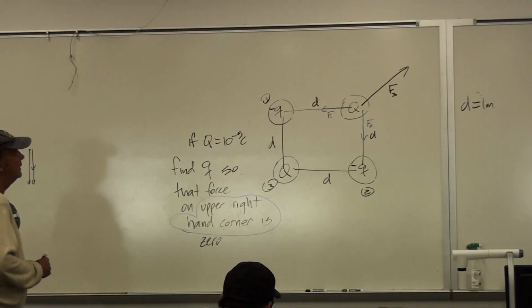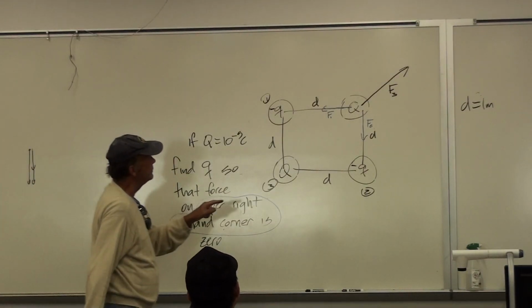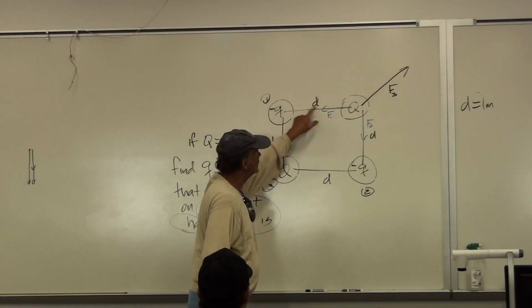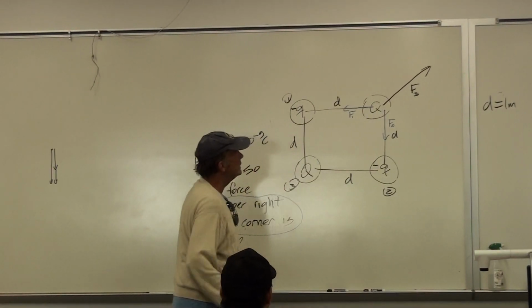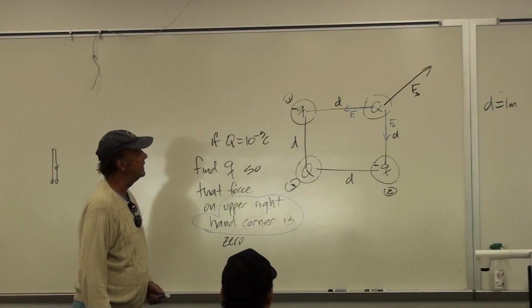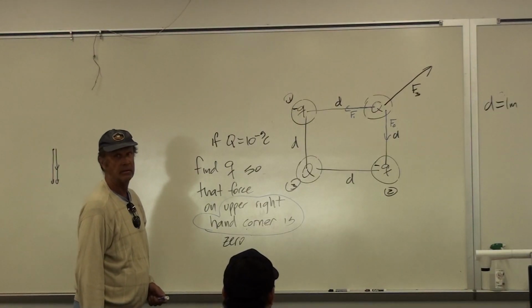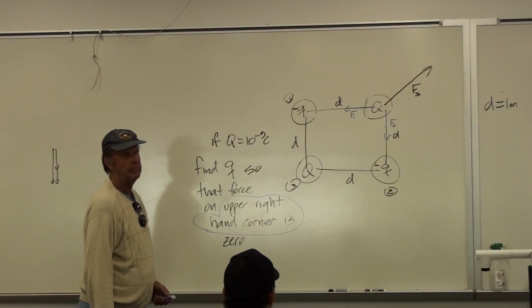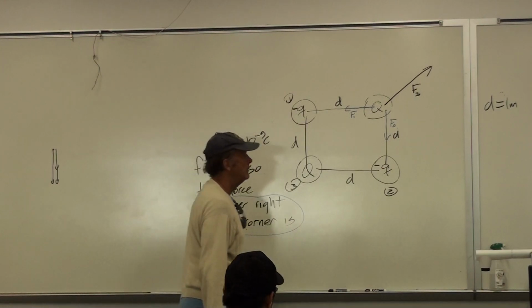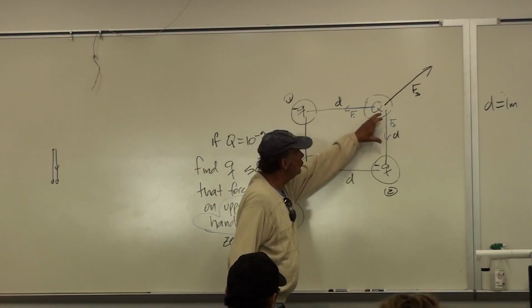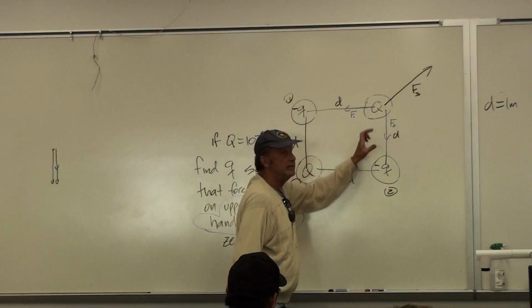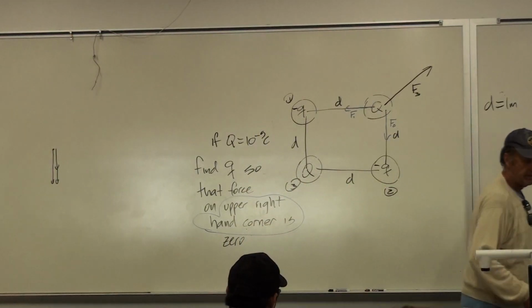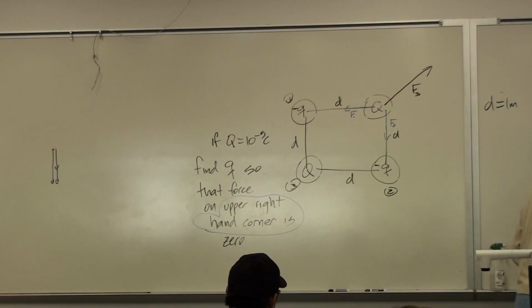Okay, and so if these are the same charge over the same distance, what can we conclude about the magnitudes of F1 and F2? They're going to be what? They'll be equal in magnitude, but they'll be pointed in different directions, 90 degrees out.